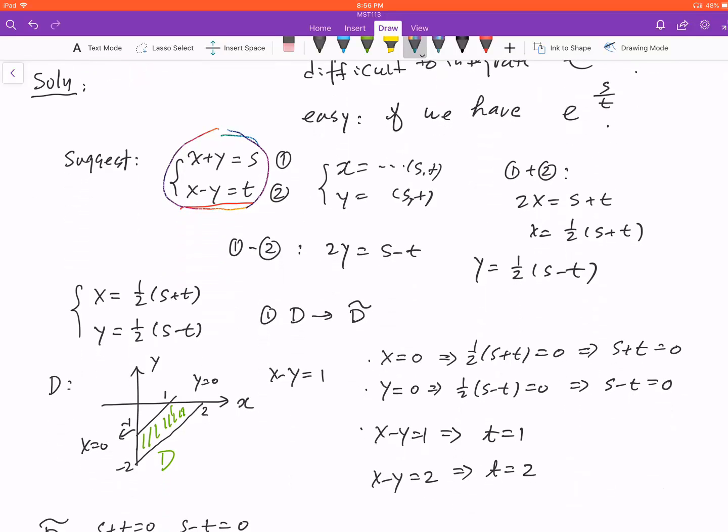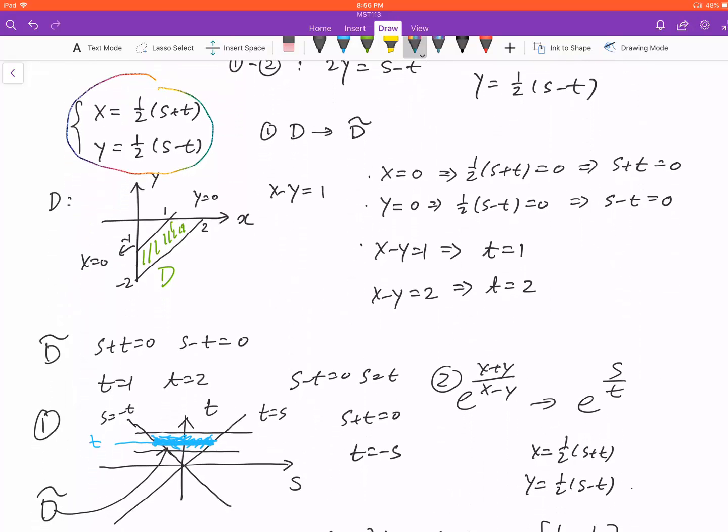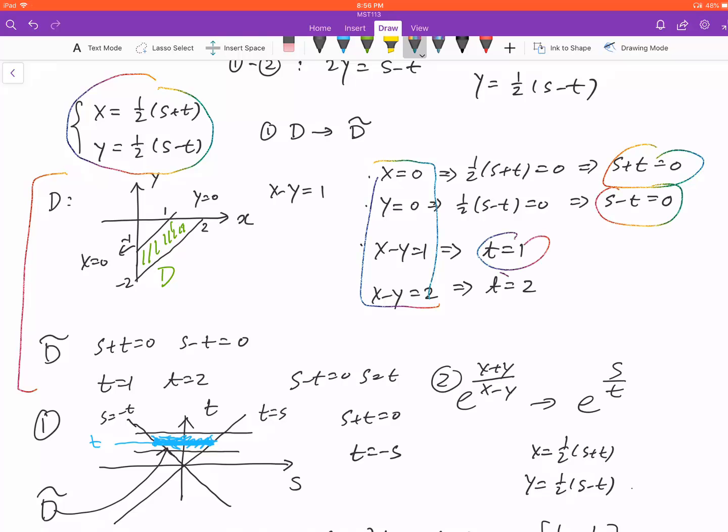So then we find our transformation by solving the equations over here to get two equations about x and y. The lengthy part is the transformation of D, but we have the idea that each line over here is transformed into lines about s and t: 1, 2, 3, and 4.